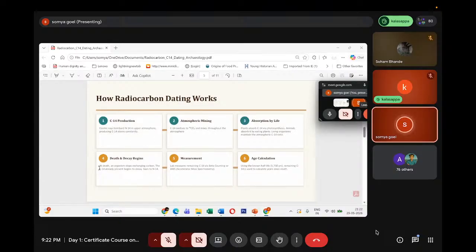Now, at death, which is the most important aspect of this cycle. The moment an organism dies, whether it's a tree which fell down or an animal that died, the exchange of carbon stops in that particular organism, and no new carbon 14 enters the body.